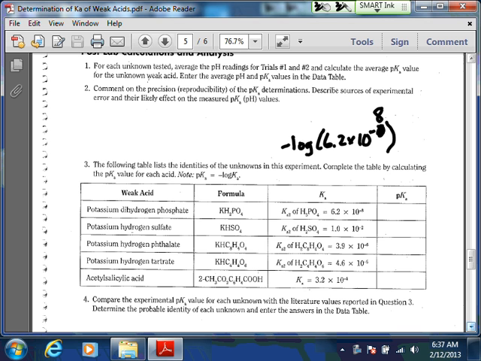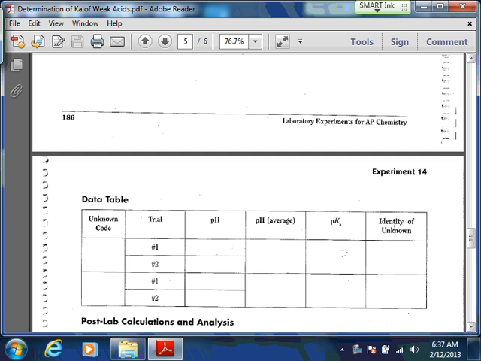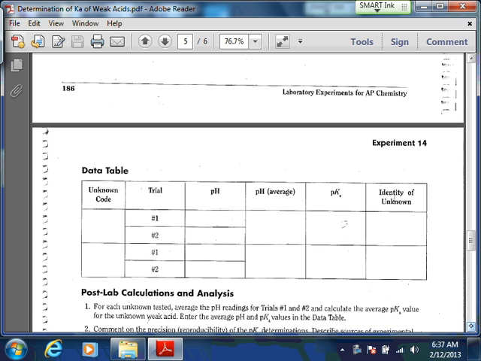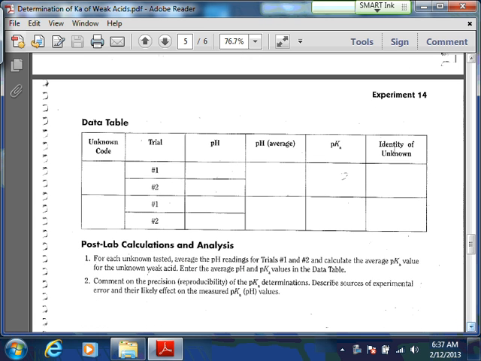So you take the negative log of that, and that's going to give you your pKa value that you put here. Then you're going to find all those pKa's, and compare the pKa's that you got with your unknowns to these pKa's and see if you can figure out the identity of the unknowns. You're going to put that in the table right here.